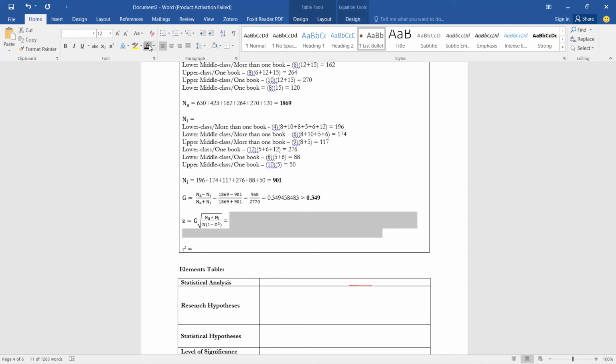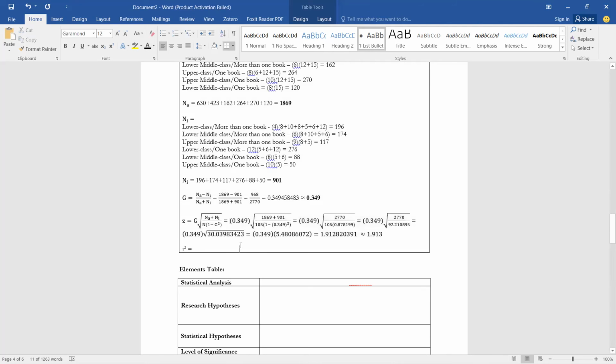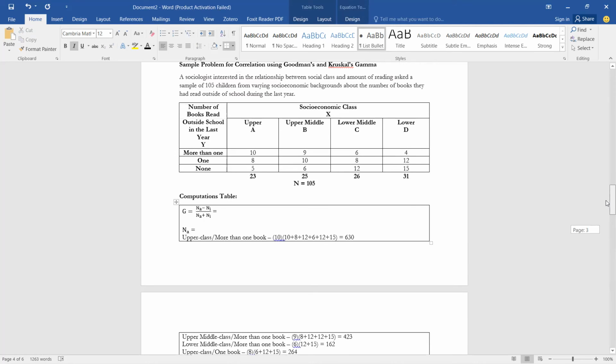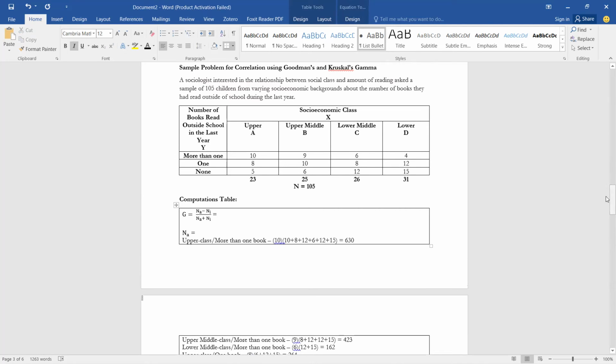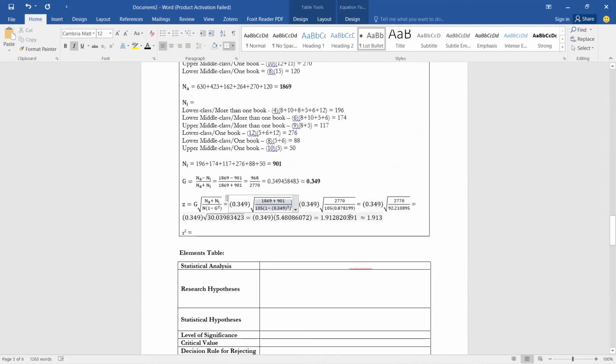All right. Yeah. So 0.349 yung G. Na is 1869 added to Ni, which is 901. No? N is 105, if you recall, here. And that's 1.1913. So we will use that value later to compare it with G.